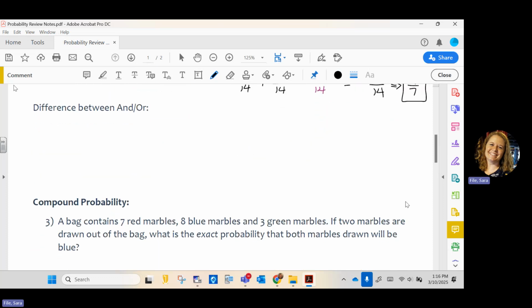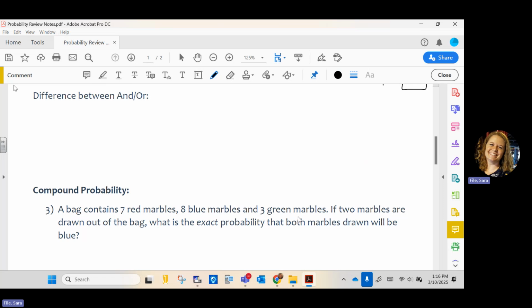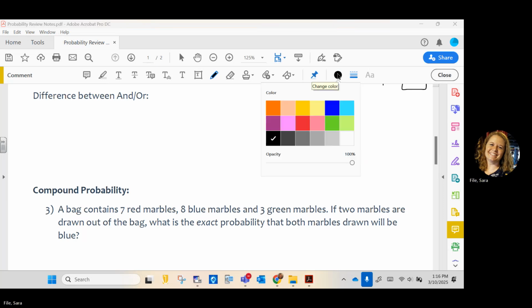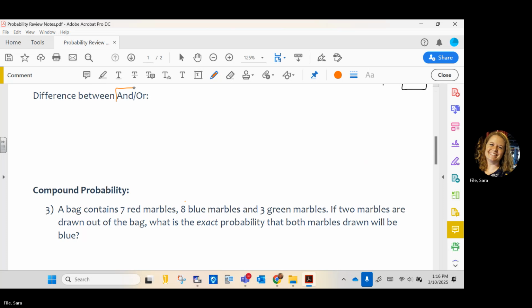Now, when we go to start calculating these compound probabilities, this is when we have separate events happening, multiple events. The and or the or are pretty important. When we see and, in probability notation, and is written as what's called an intersection.